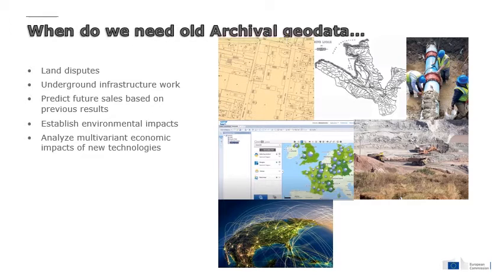Now, if we go to a more complex solution, we can also use multivariate economic impacts analysis using geodata. And this is where we would use an AI system combining multiple sources of multiple impacts to see how, for instance, new technologies influence a development of economical factors.